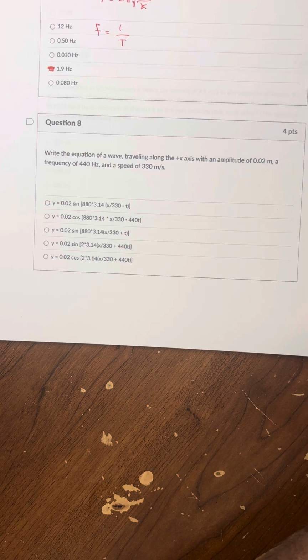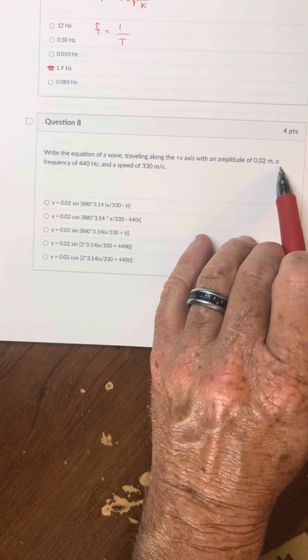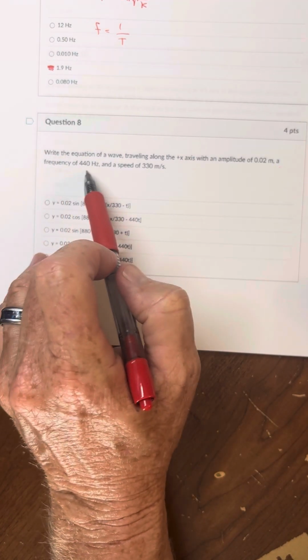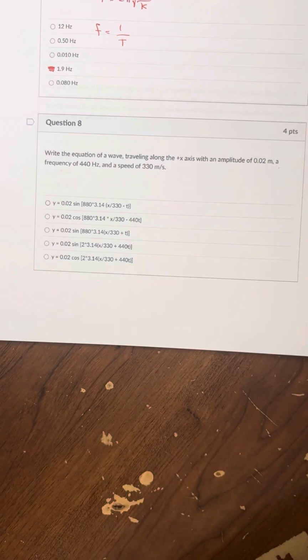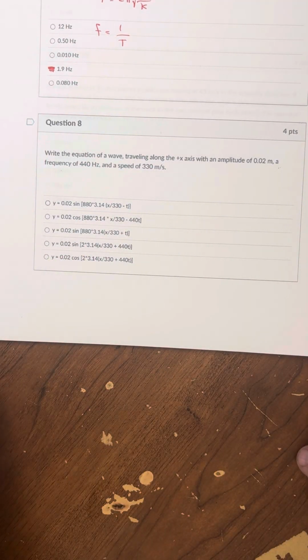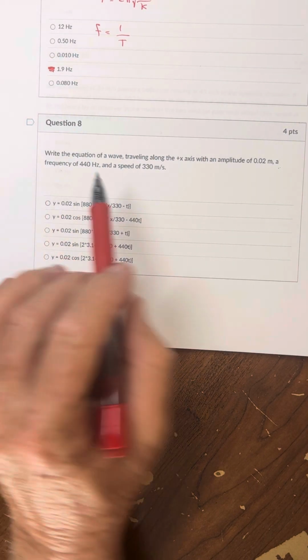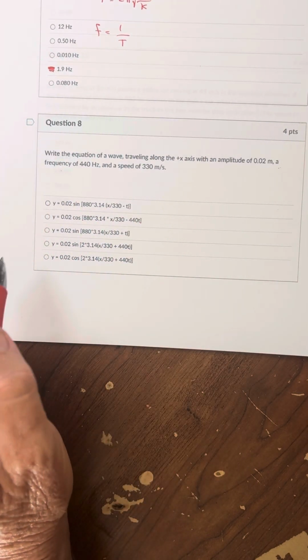Here's some wave motion. Write the equation for a wave traveling along the positive x-axis with an amplitude of 0.02 meters, a frequency of 440, and a speed of 330. And it looks like we've got different options. We know it's going to be one of the trig functions, and it actually wouldn't matter whether it's sine or cosine because they don't really say how it begins.